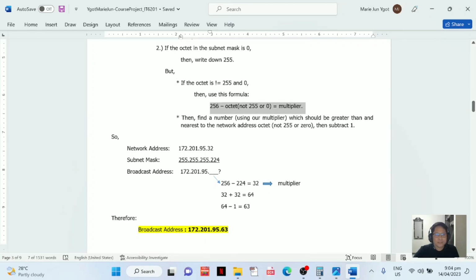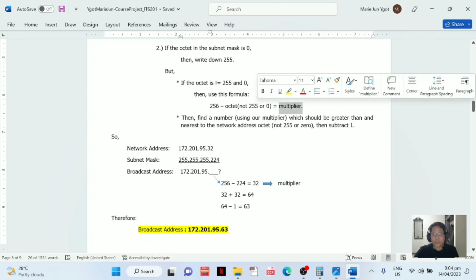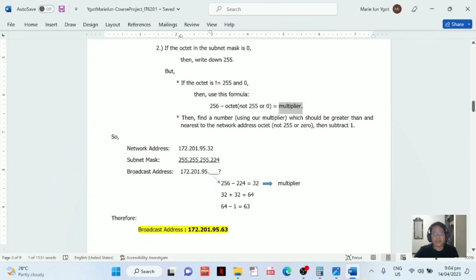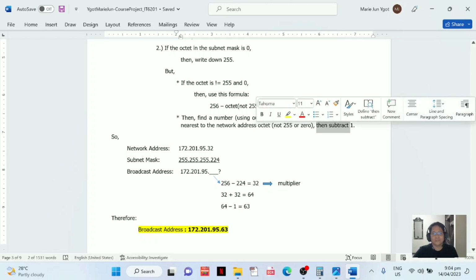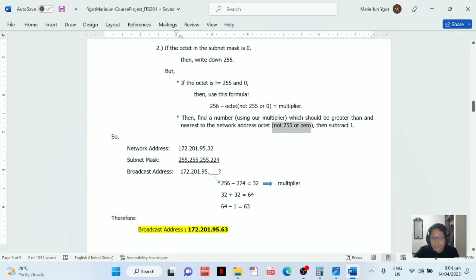Then after that, we are going to find a number using our multiplier, which should be greater than and nearest to the network address octet. Then subtract 1. I think this one is not needed anymore.